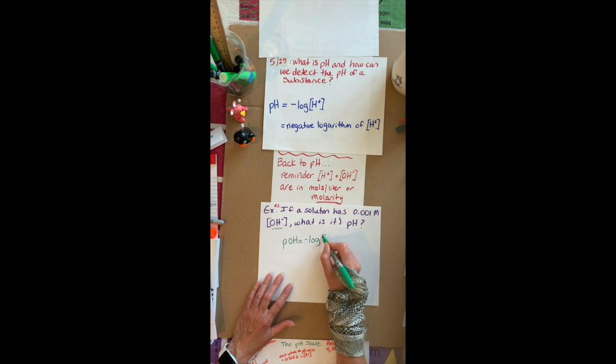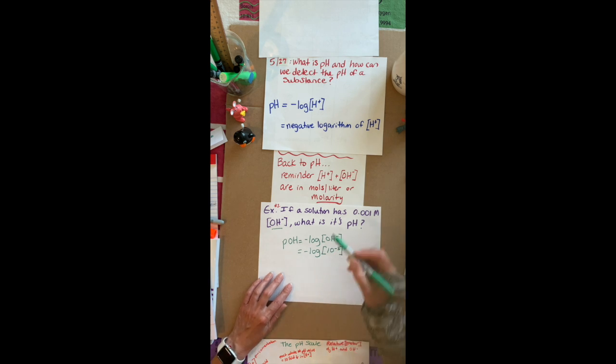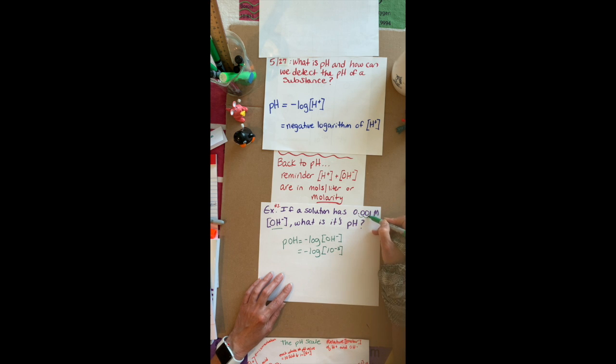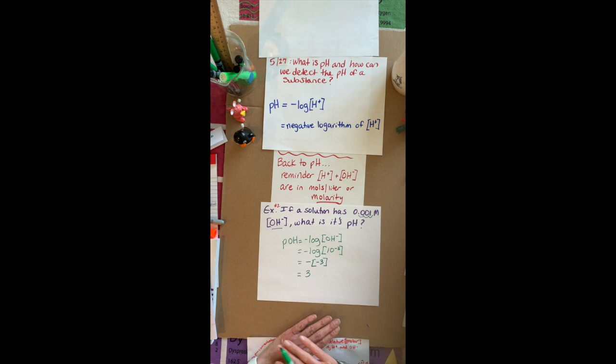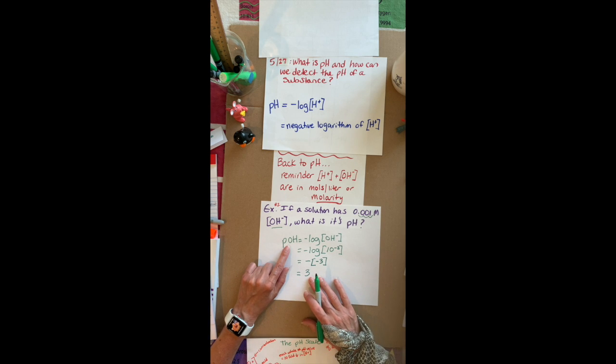It's the negative log of the OH ions, though, okay? That equals the negative log of 10 to the minus 3. Well, where did I get that? 1, 2, 3. Therefore, it equals negative 3. So the pOH actually equals 3, the power of the hydroxide.